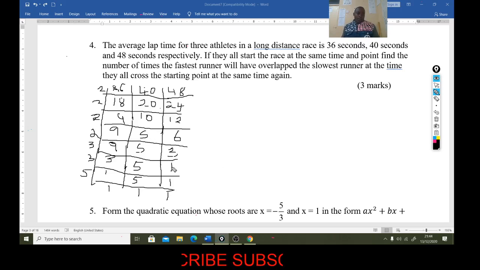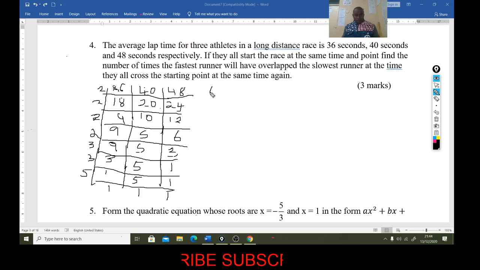For the LCM, you must finish until you have 1 1 1. But if we were talking about the GCD, we would look for a number that divides all of them, so we would stop at this point. The GCD could be 4, 2 times 2.